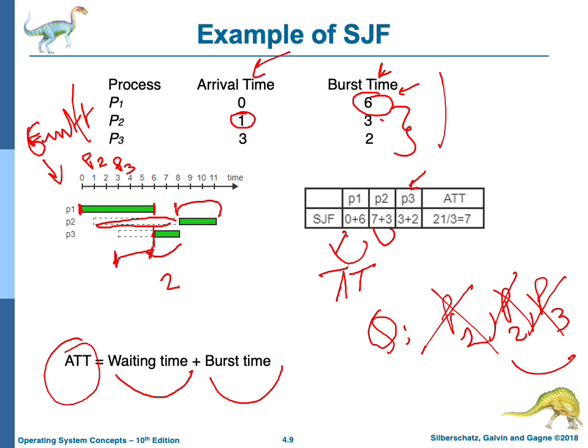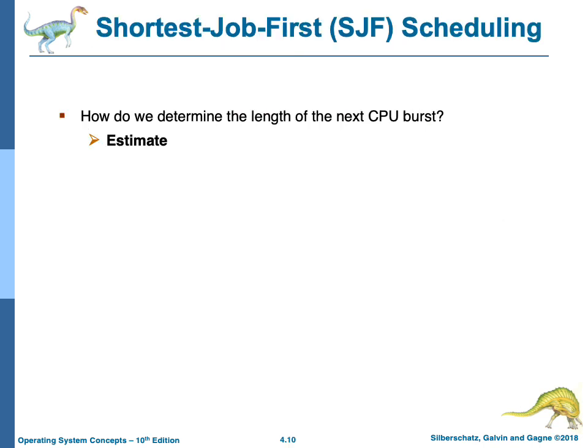So it waited for 3 milliseconds plus the burst time of 2. So this will yield 5 milliseconds for the turnaround time of P3. And then we finally average them, and this will give us 7 milliseconds as the average turnaround time of these processes.